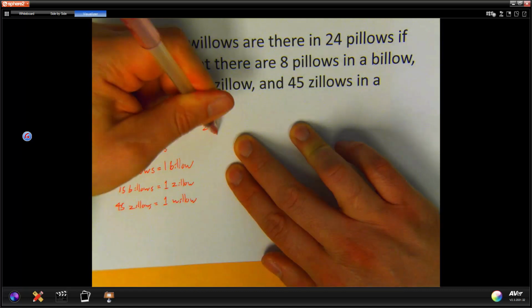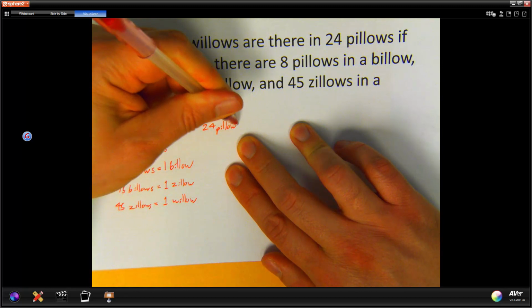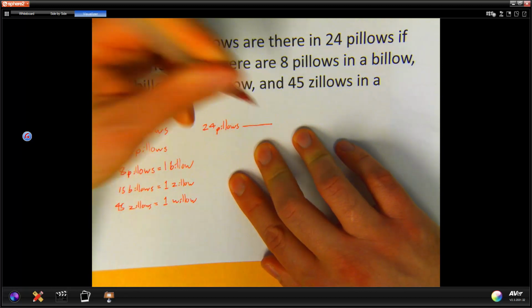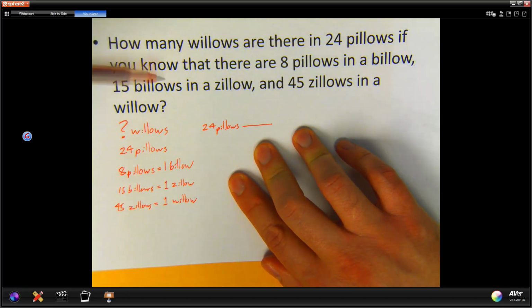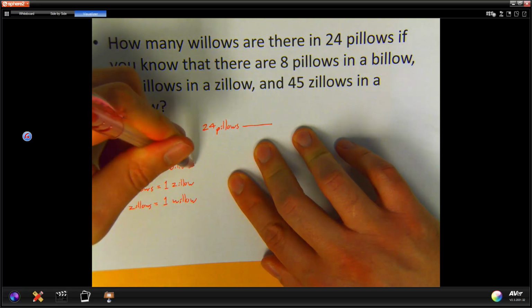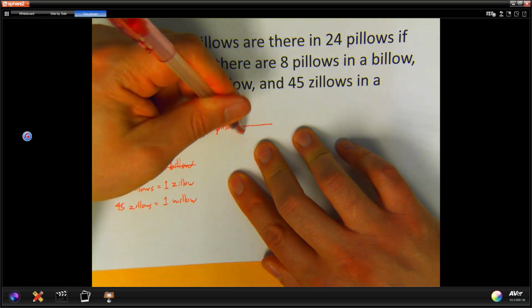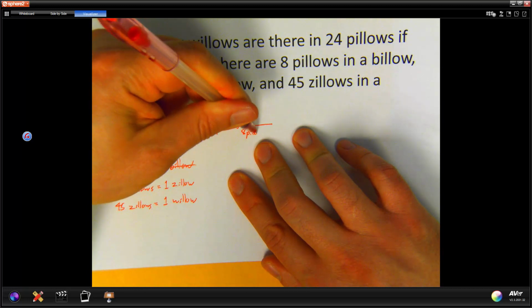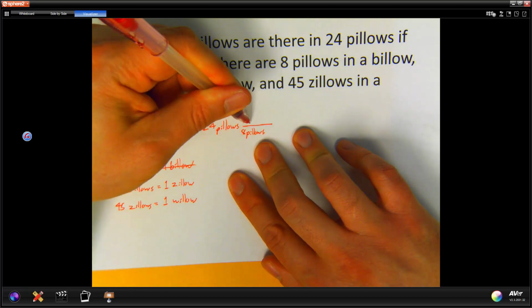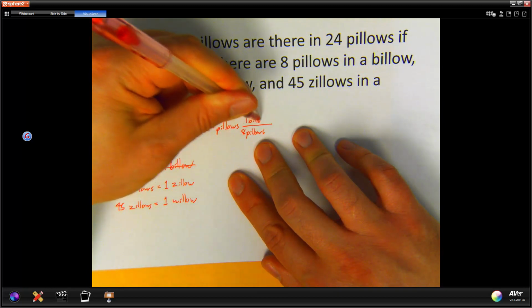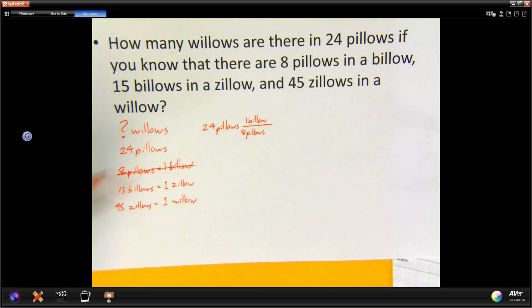So we say 24 pillows, and then we look for where do we have pillows show up? We have pillows right here. So maybe we'll cross these out as we use them, so we've used this equality. We put the pillows on the bottom, and the 1 billow on the top. Okay, so again, the reason we're doing this, we want the units to cancel.